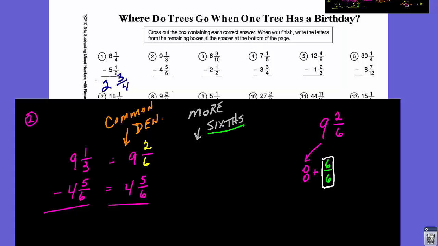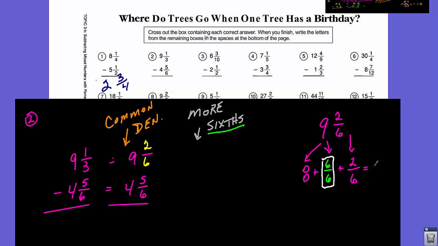So if I just showed it as 1 again, I wouldn't be getting any more 6ths. I also have this 2/6. I never want to lose track of the fact that I have a fraction part already. That's what makes it a mixed number or a mixed fraction. It has a whole number part, the 9, and a fraction part, the 2/6.